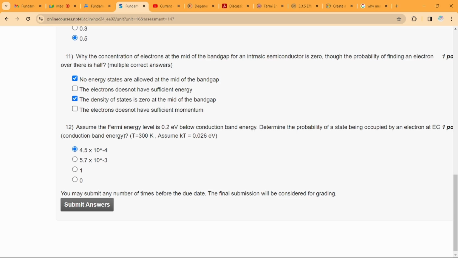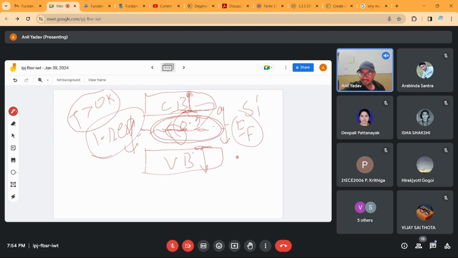Okay, so the density of states is 0 at the mid gap of the band gap. We haven't introduced that density of states thing. As I said, there are no states in between the conduction band and valence band.